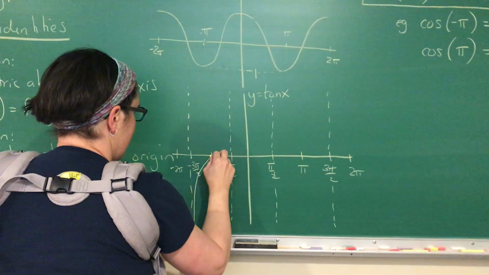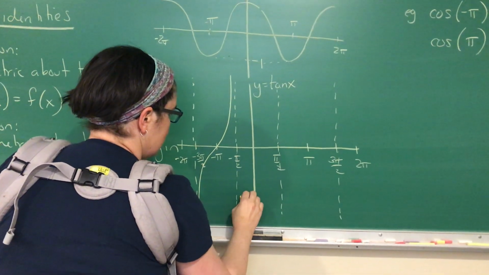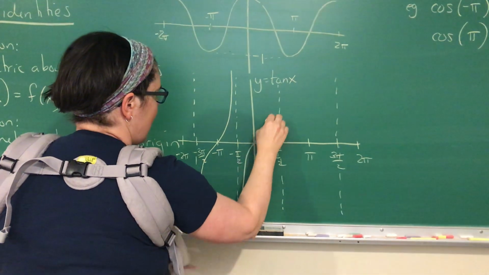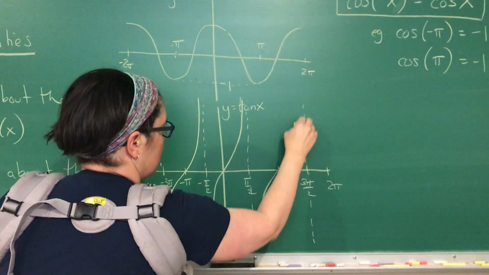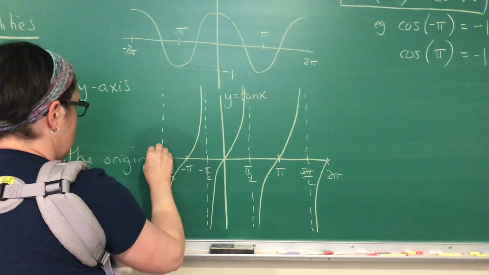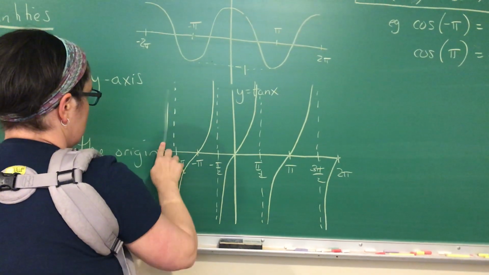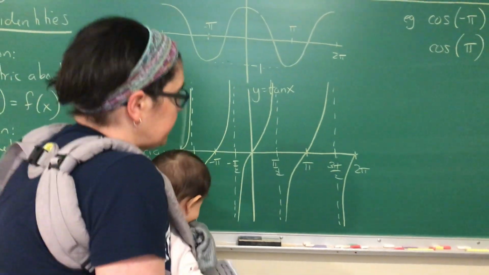So this graph that kind of starts low and pops high and goes through the x-axis halfway between the 2 vertical asymptotes. And so here is a sketch of our tangent function.